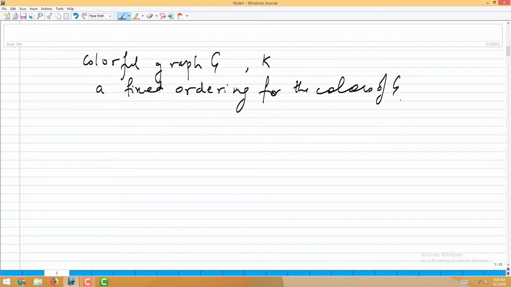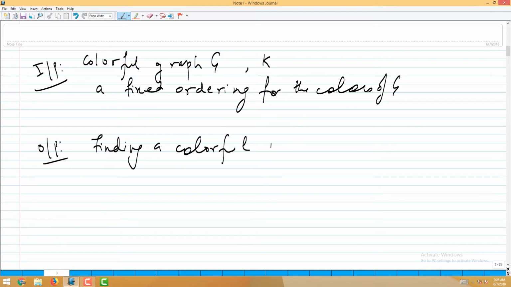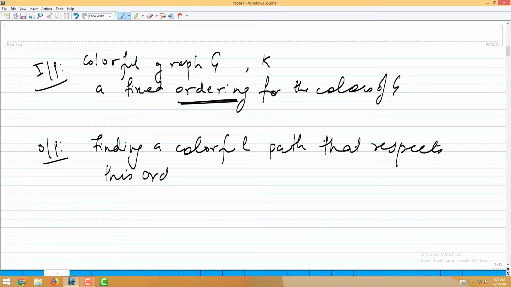So 1 to k were the colors, and we have a permutation of the colors. And let's say this is the input, and we are interested in finding a colorful path that respects this ordering that is given to you.